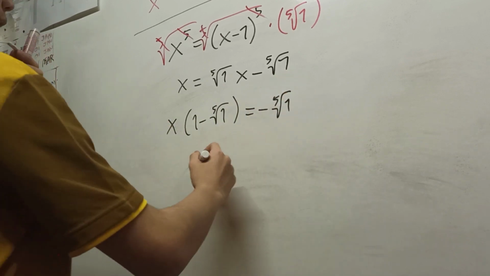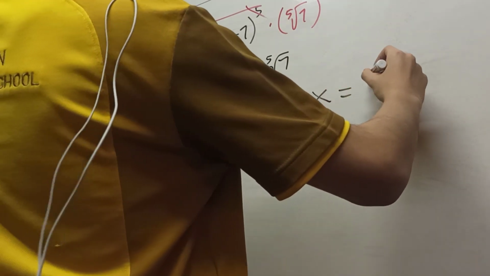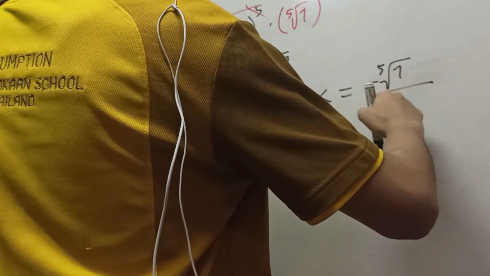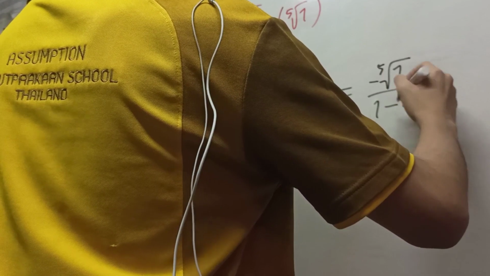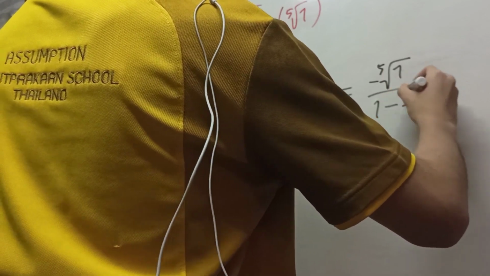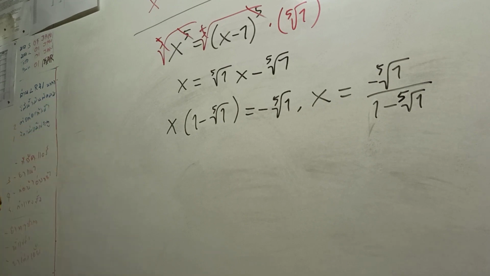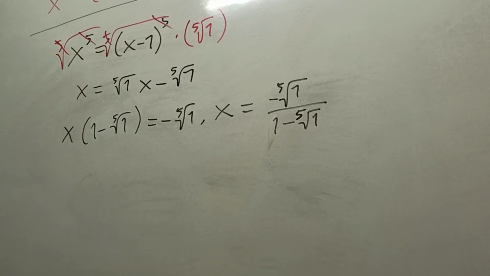And then we move that to the other side, so we have x is equal to minus fifth root of 1 over 1 minus fifth root of 1. But the fifth root of 1 is not just 1, because we want all the complex solutions. Right? Right. And that is why we will have to spin this thing again.